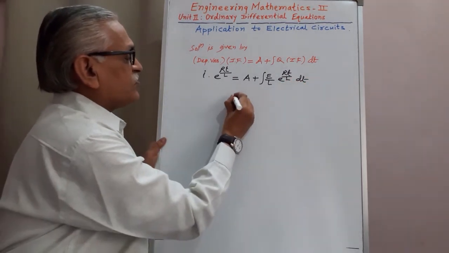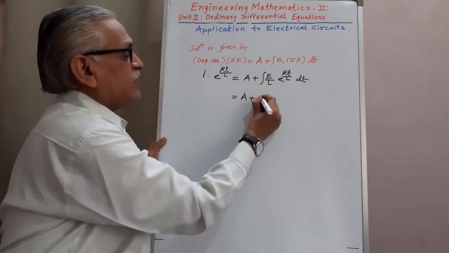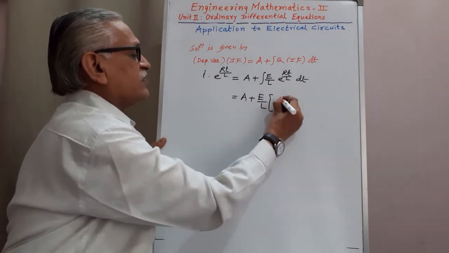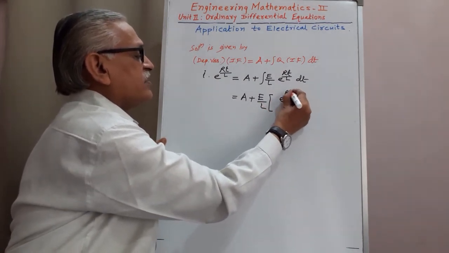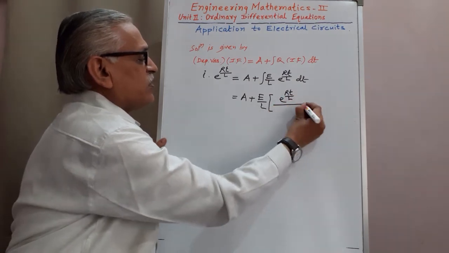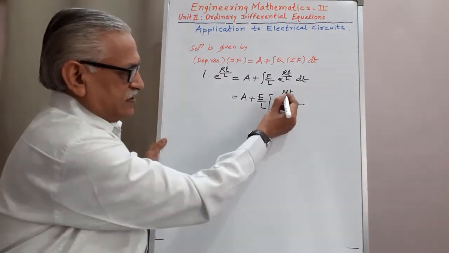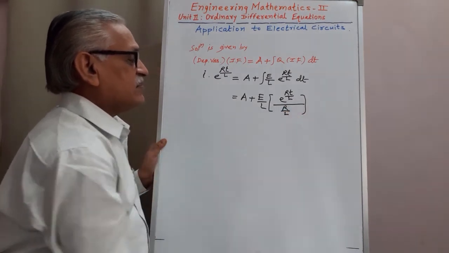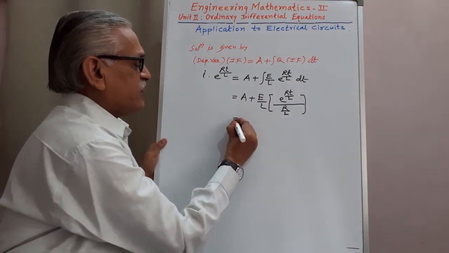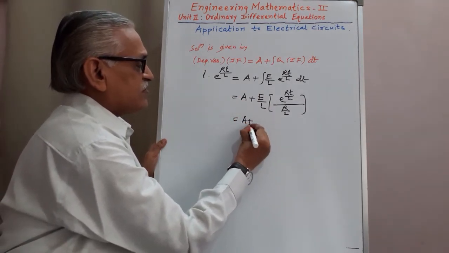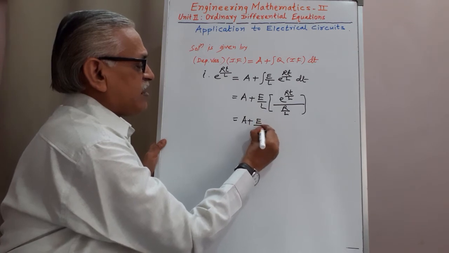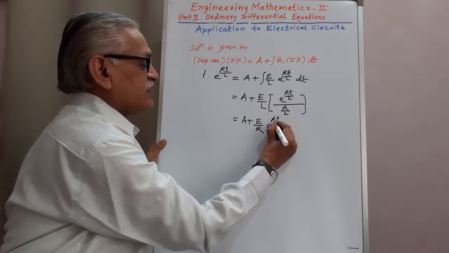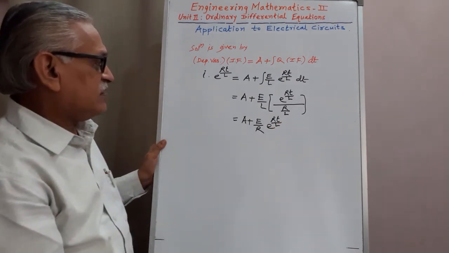Therefore it is equal to A plus E by L, the constant term we take outside, the integration of e raised to Rt by L is e raised to Rt divided by L and whole divided by the coefficient of t. The coefficient of t is here R by L. L and L get cancelled, we get A plus E divided by R e raised to Rt divided by L.